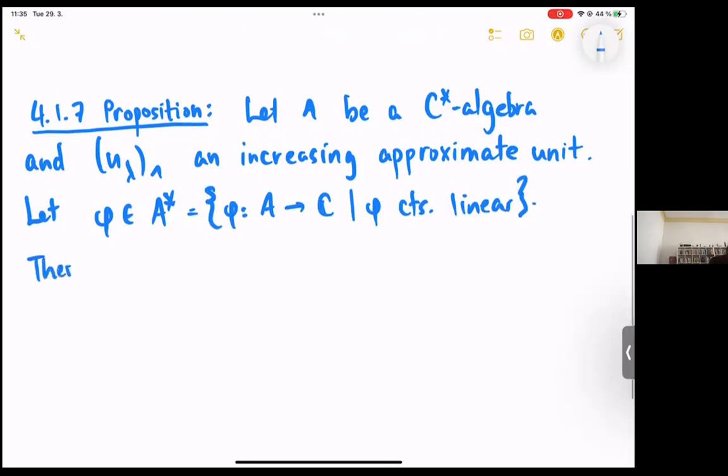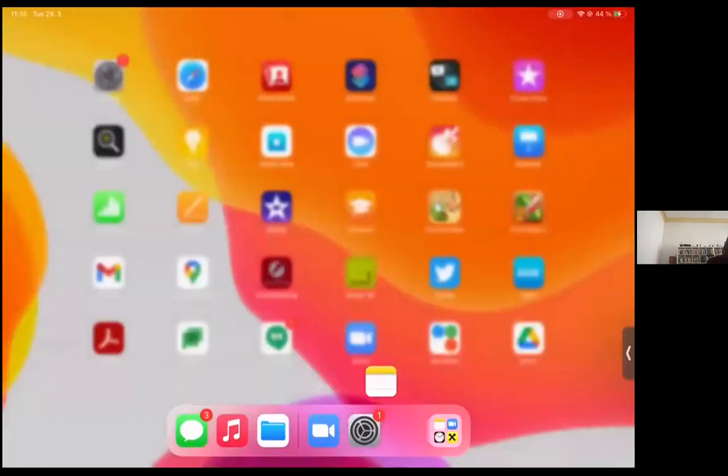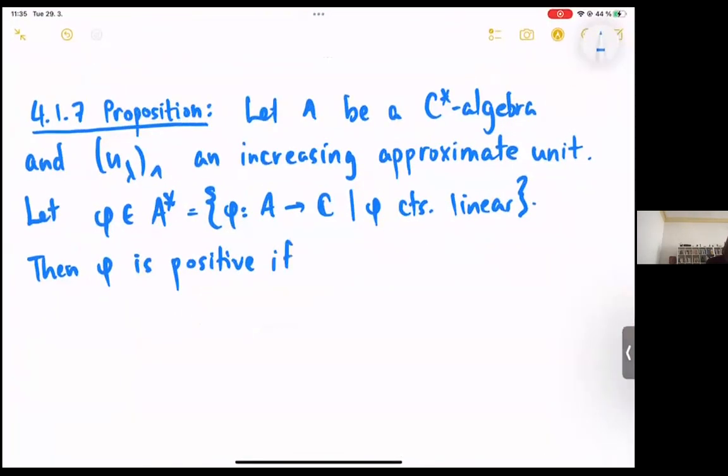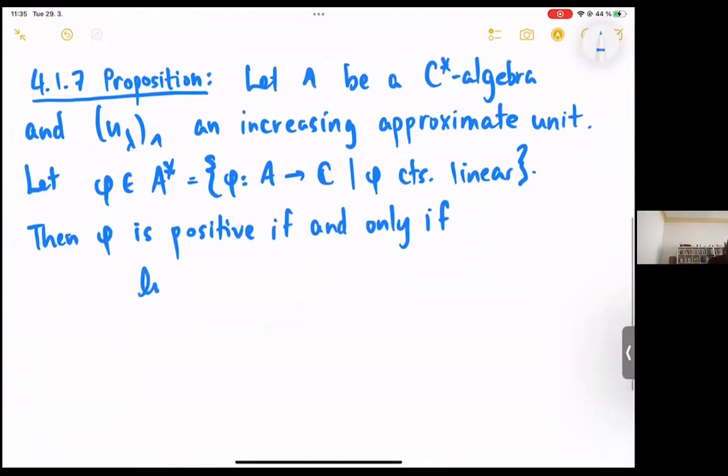Then phi is positive if and only if the limit of phi of u lambda is equal to the norm of phi.